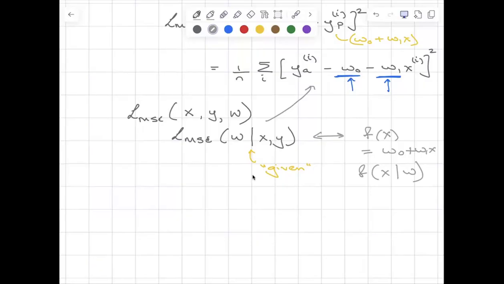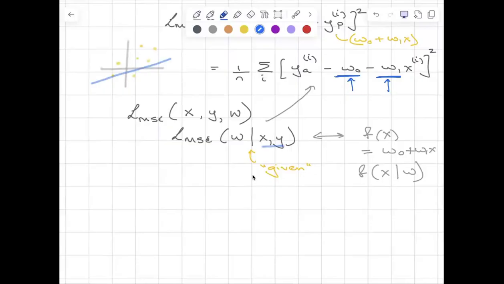But how do we fix the x and y? No, the x and y is from my training data. Right. So for all of these points, here's one line.